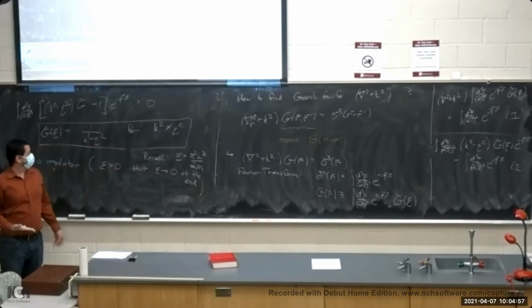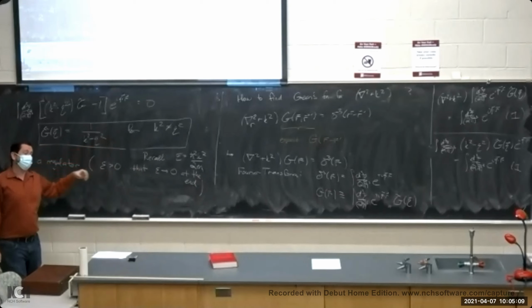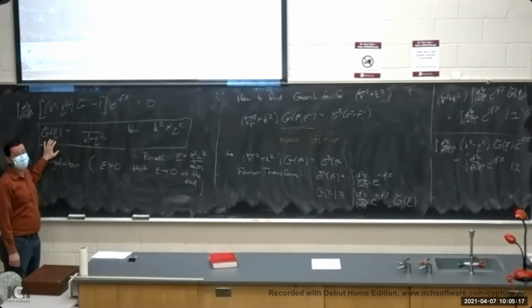It's also important to note at this point that there is not one unique way to regulate this thing. I'm going to basically take this denominator and add something proportional to epsilon to it. There is a non-unique way to do that. And depending on what way you choose, that will determine what kind of solution you get. The choice that we're about to make now is the one that will lead us to have an outgoing spherical wave.